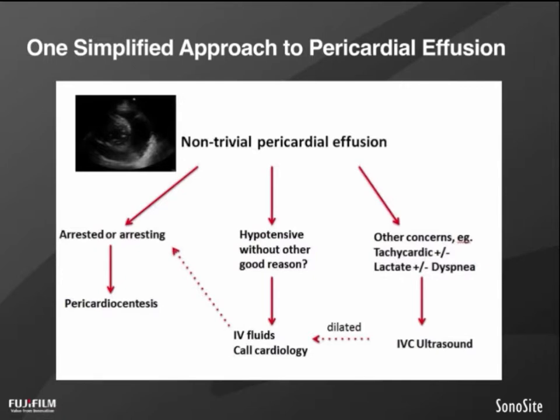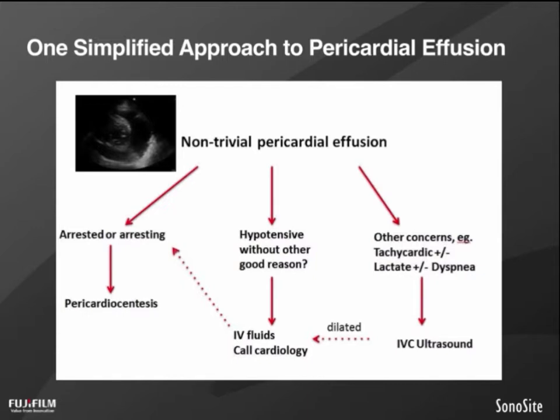Lastly, the hypotensive patient who has a non-trivial effusion, the right move, if you think it could be the culprit, is to initiate IV fluids to increase filling pressures, which is often all that's needed urgently to reverse shock mediated by pericardial effusion, and also simultaneously placing a call to the experts in pericardiocentesis at your hospital, should that be required, and typically at most hospitals that's a cardiologist.